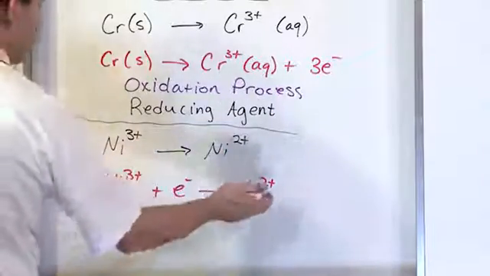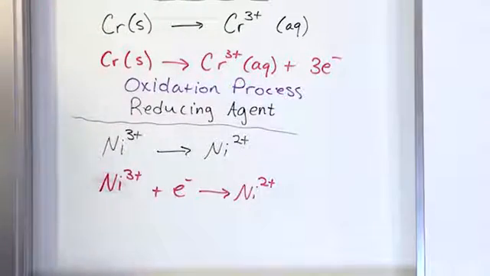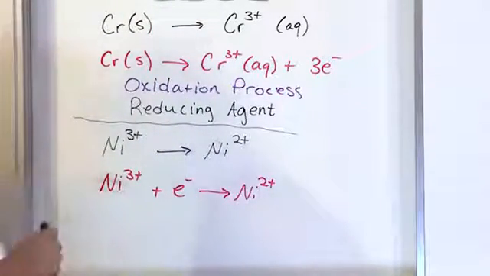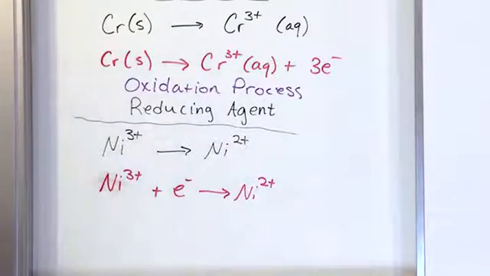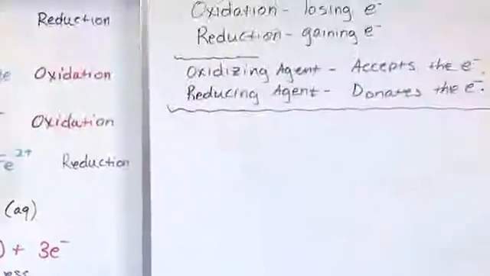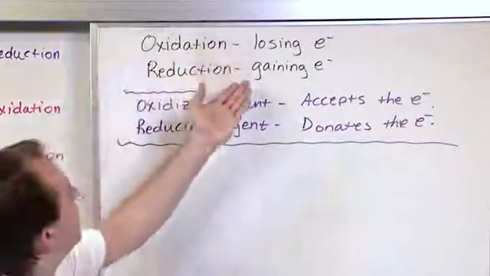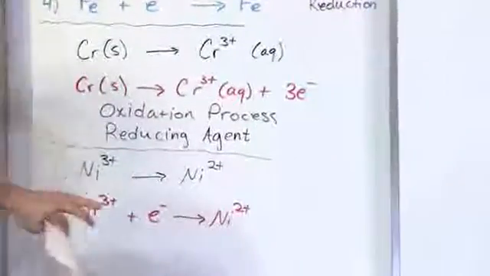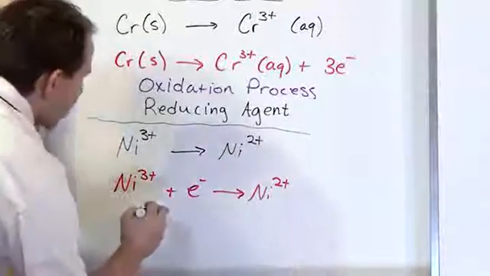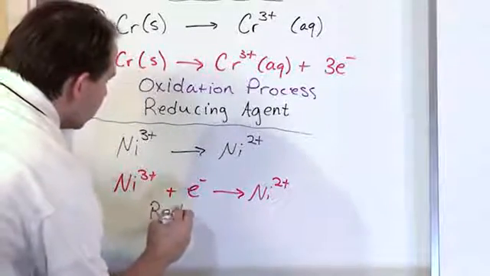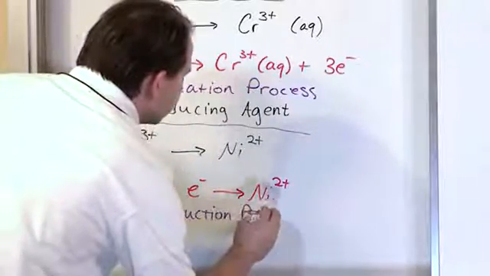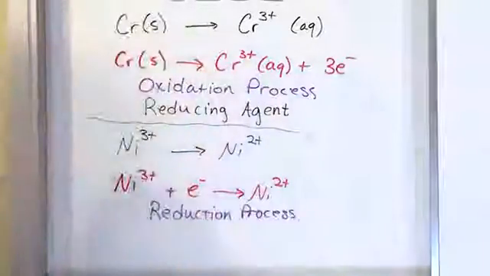So the question is, is this an oxidation process or a reduction process? Well, if you look at our definitions, oxidation is when we lose electrons, and reduction is when you gain electrons. Here this nickel ion is gaining an electron, so clearly this is a reduction process.